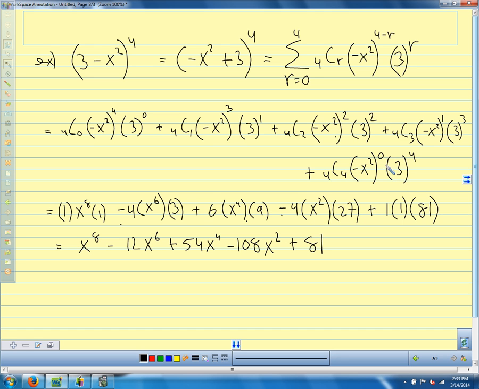Our symmetry in our binomial coefficients is here, 1, 4, 6, 4, 1. But then they get mixed up with the powers of 3, and that's why that symmetry doesn't show up in this last answer. And I only end up with even powers on x because this term is an x squared. So I'm always raising x squared to a power, so I only get even powers of x.